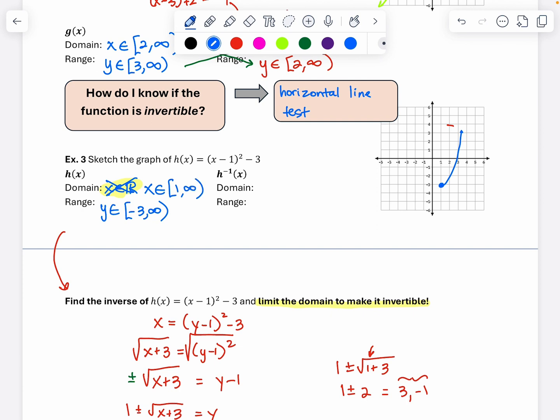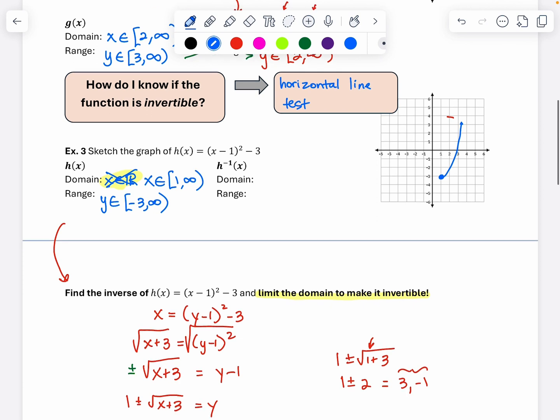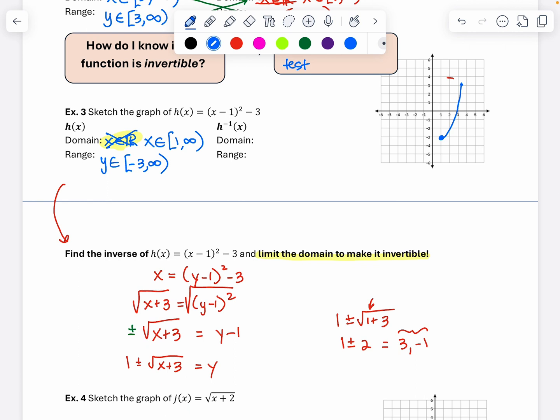So what does that do to the domain and range of our inverse? Well, these are going to swap. My new domain is from -3 to infinity, and my new range is from 1 to infinity.